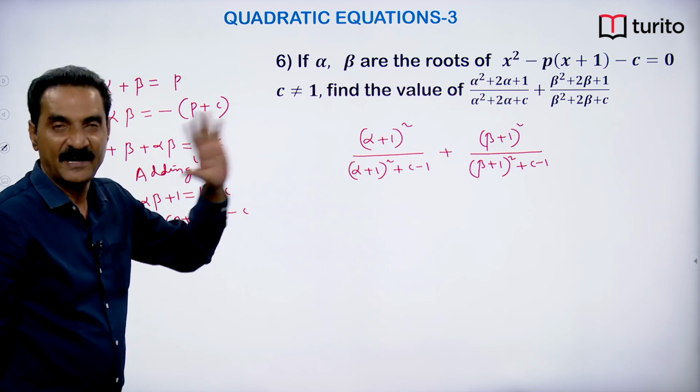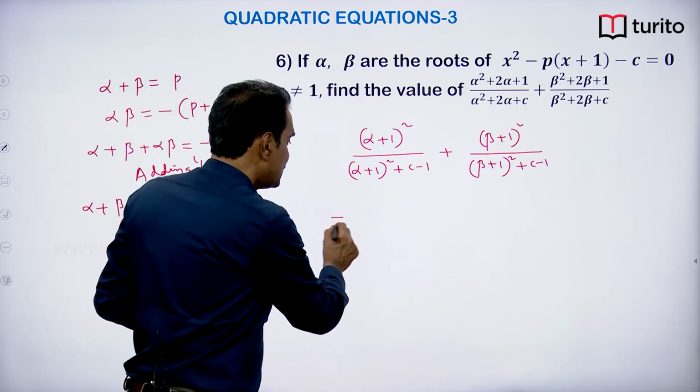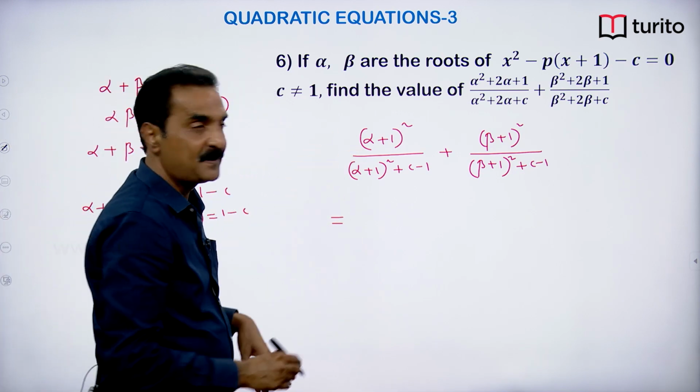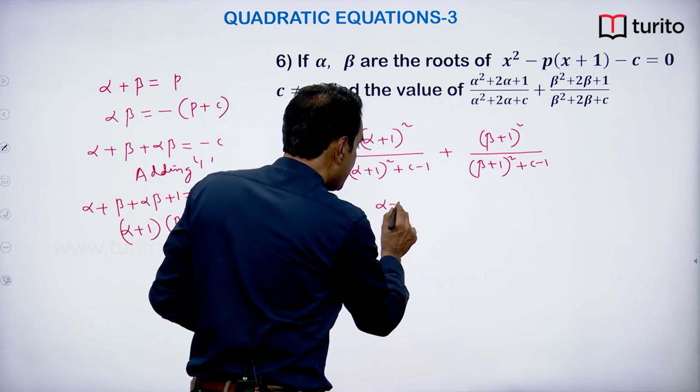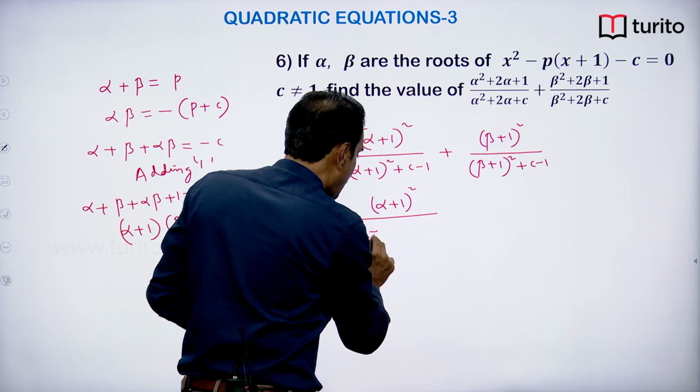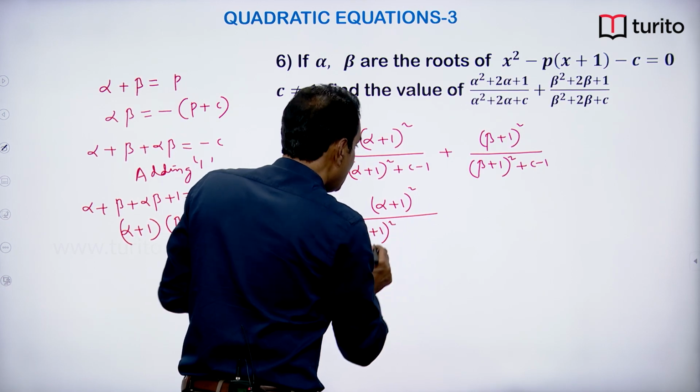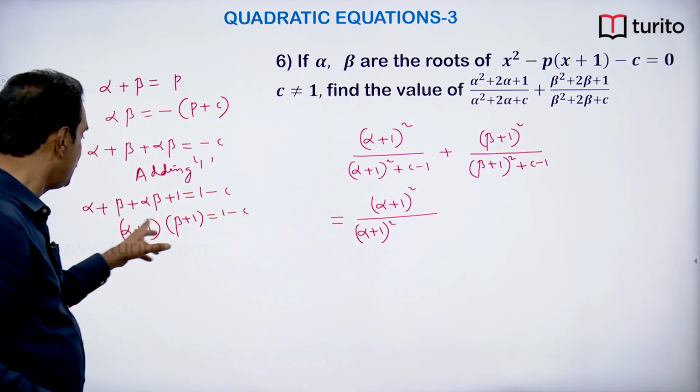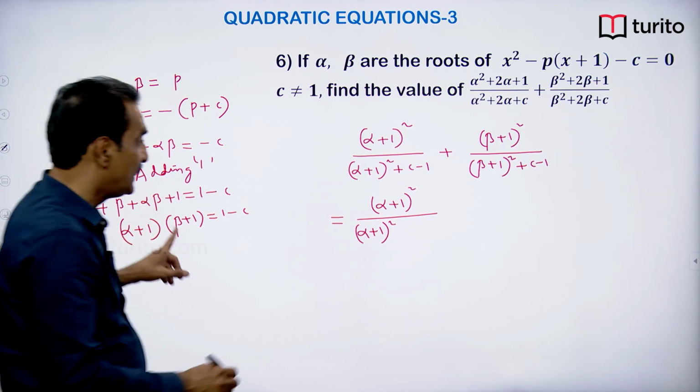Now I will substitute there. It is equal to alpha plus 1 whole square by alpha plus 1 whole square. This is c minus 1, no? So we have to take minus of this.